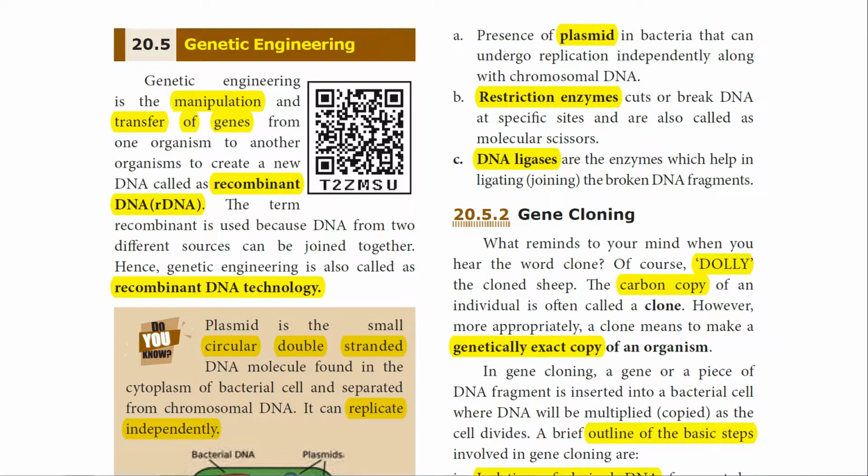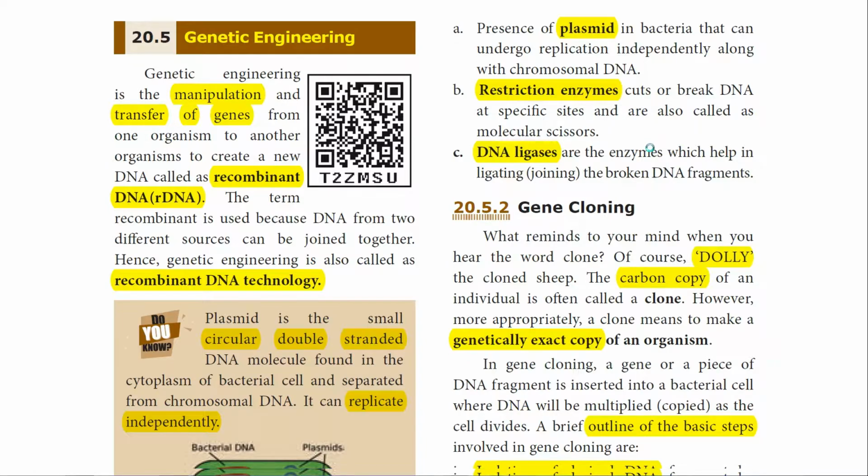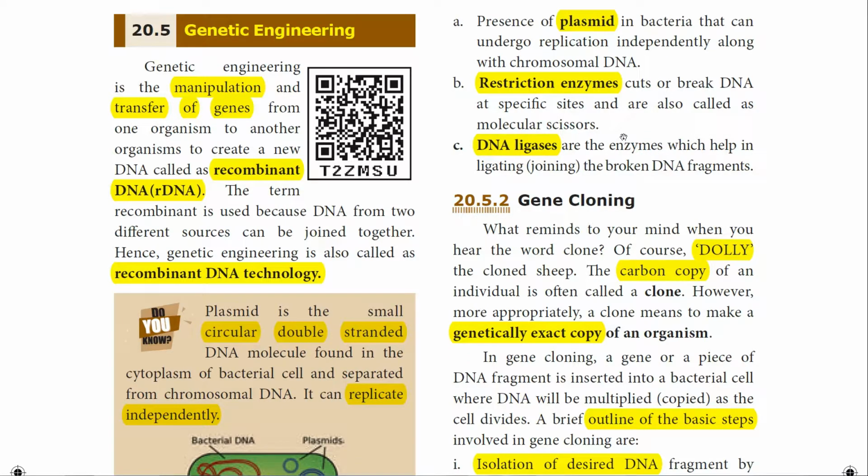We have already seen what a plasmid is: a circular double-stranded DNA molecule found in bacteria, which can replicate independently along with the chromosomal DNA of the bacterium. The next thing we need is restriction enzymes, or restriction endonuclease enzymes. These enzymes cut the DNA at specific sites, and so they are rightly called molecular scissors.